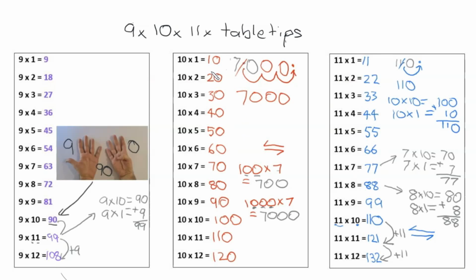For the 10 times table, we just added a 0 to these numbers here. And for the 11 times table, we wrote these numbers twice, all the way up till 9. And we remembered that for 11 times 10, we could use the 10 times table tip, just add the 0. And then for the next 2 steps, just add an 11 to that to get 11 times 11, and then add 11 again to get 11 times 12.